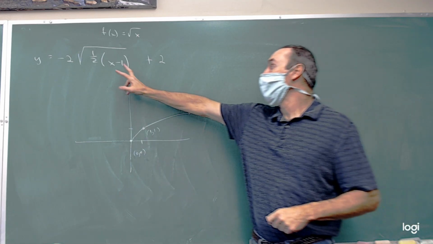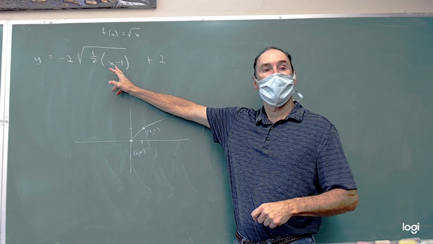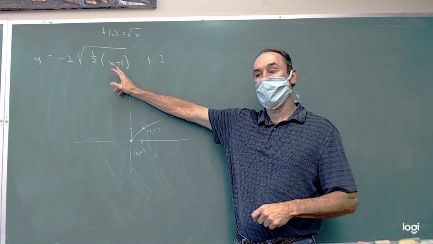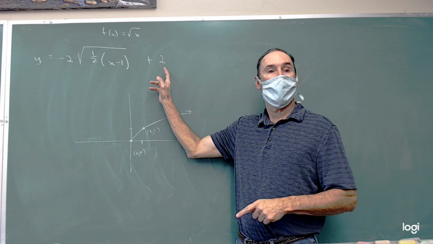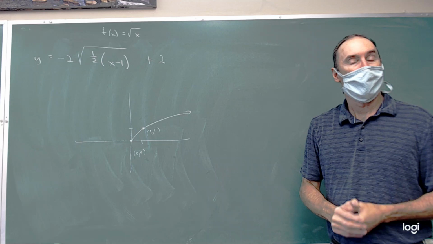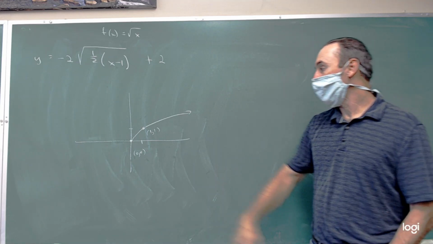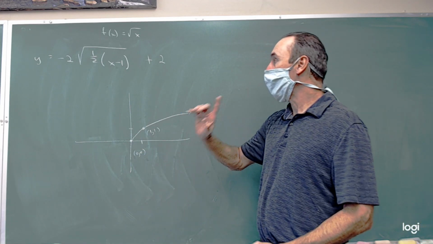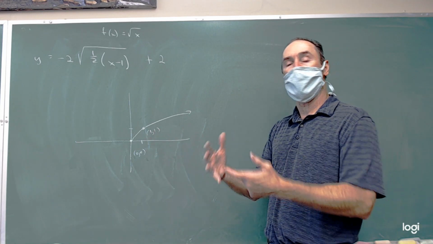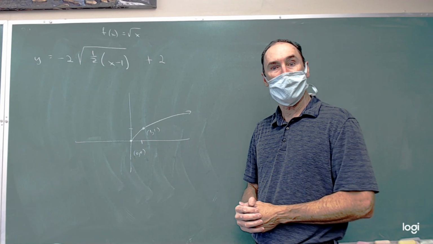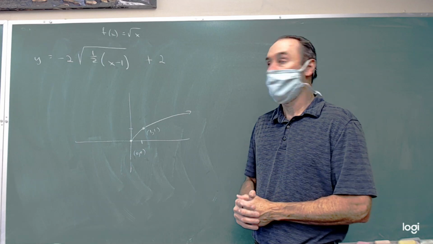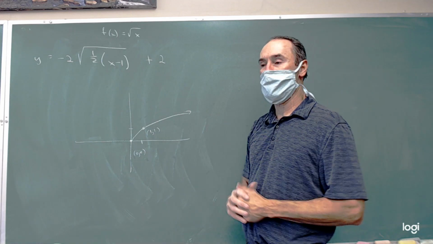And then we're going to move it right 1 and up 2. Okay. Now, what we can do is the point 0, 0 is going to be unchanged by the vertical and horizontal stretches and shrinks because it's got 0 in it. But it will be affected by the translation.